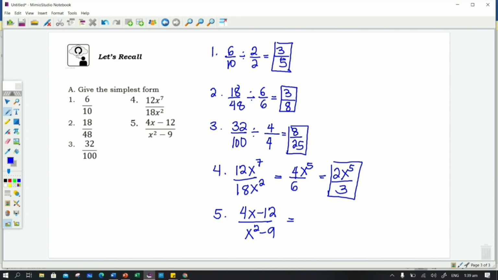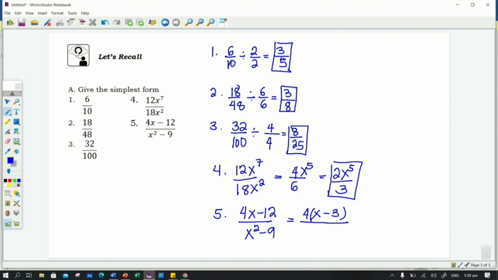So notice that 4 and 12 are both divisible by 4. So we factor out 4. Then we have here 4x divided by 4, what is left is x. Then for the next term, we have negative 12 divided by 4, that is negative 3. So the factor of 4x minus 12 is 4 times the quantity x minus 3.